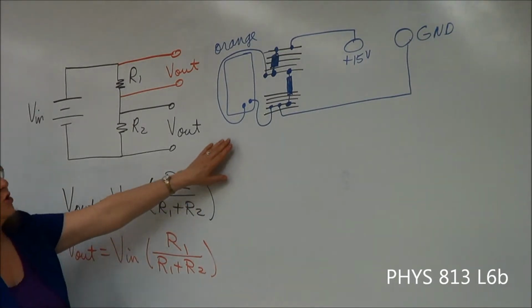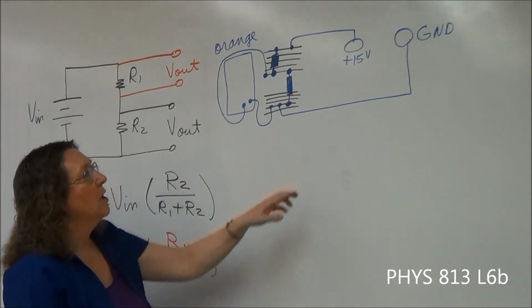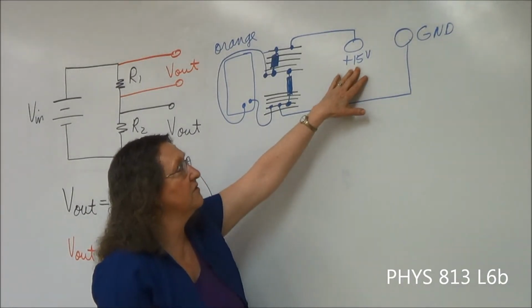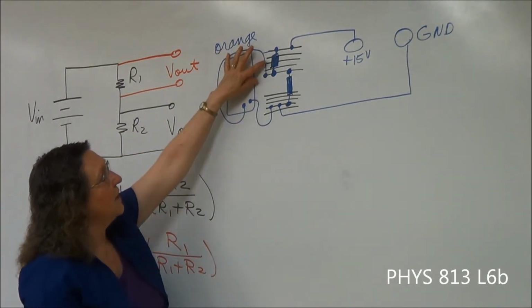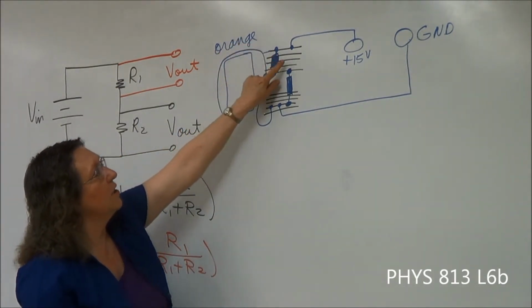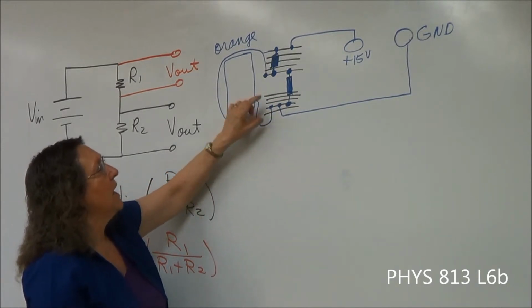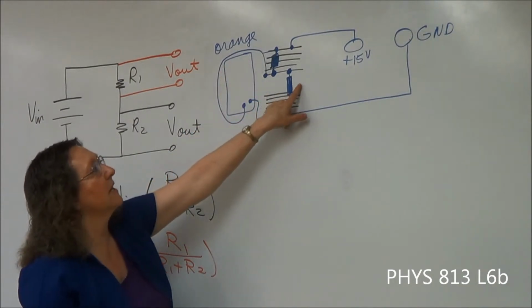So if we look at the circuit, I've drawn the circuit over here on your circuit board. You're going to be using the positive 15 volts, and you're going to be using the ground. You're going to have the two resistors, and notice which rows the connections are made in. And then this one is measuring across this second resistor.